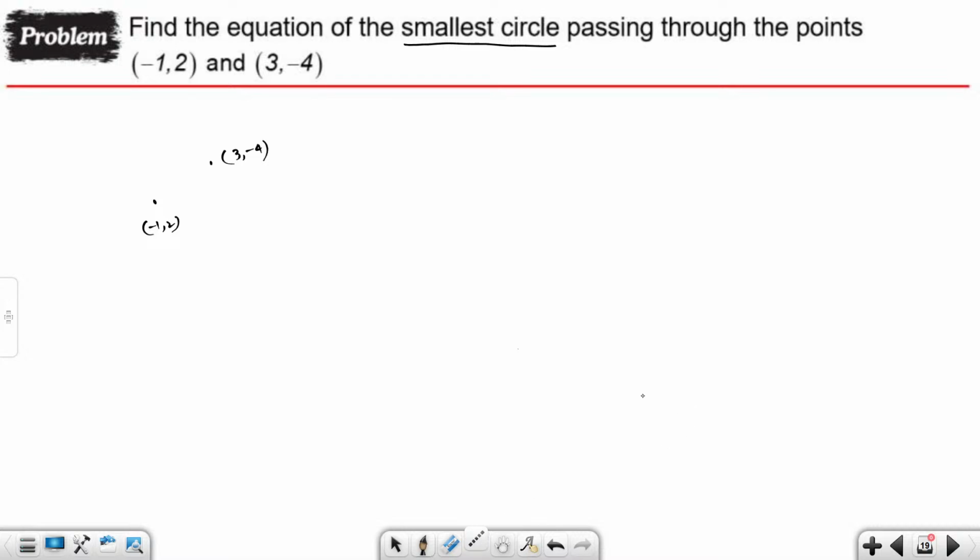Tell me yes or no. Let us say this circle, or it can be like this circle. There are a lot of circles which can pass through these 2 points, isn't it? Okay, another one can be this circle at the same time.